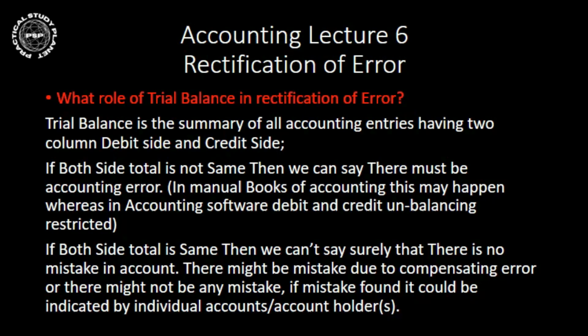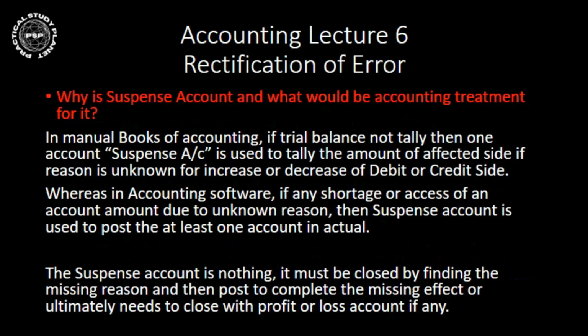If both sides' totals are the same, we cannot say surely that there is no mistake in the accounts. There might be a mistake due to a compensating error, or there might not be any mistake found.